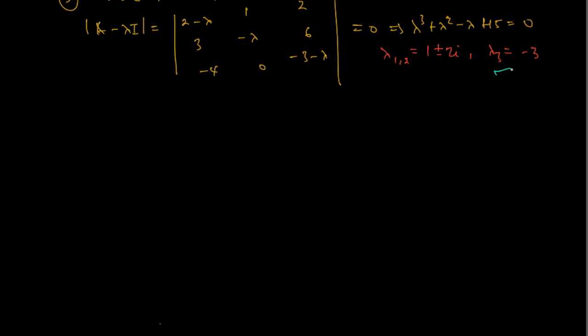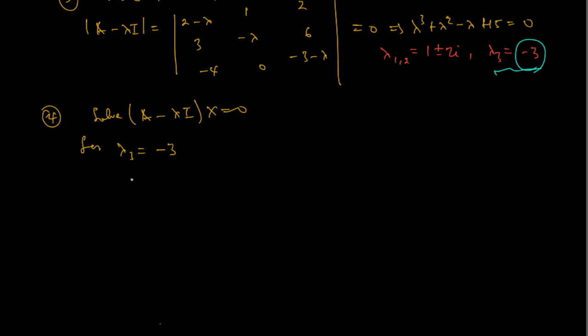So I'm going to start by going ahead to find the eigenvector that corresponds to lambda equals negative 3, since it's the real one and it's always quite easy to find. So that brings us to part 4. I want to find the eigenvector. So I'm going to solve A minus lambda I times x equals 0. I want to solve this for lambda 3 equals negative 3.